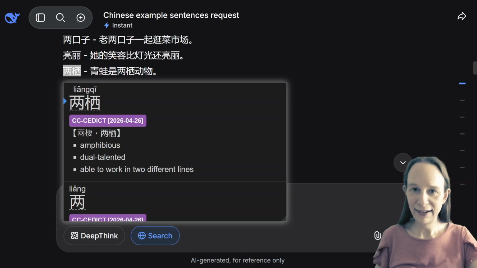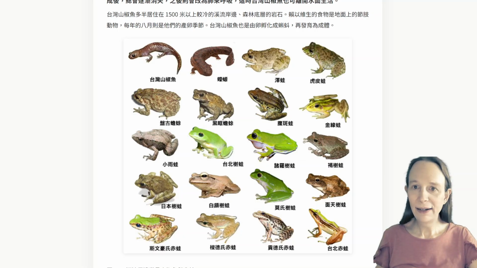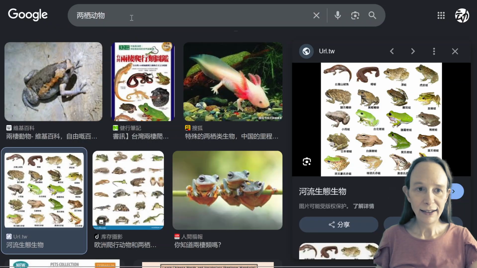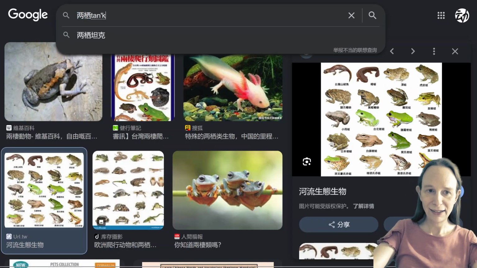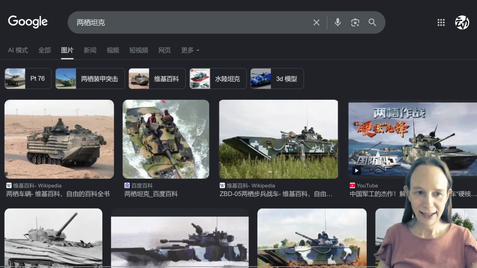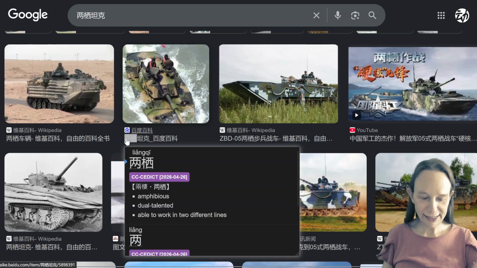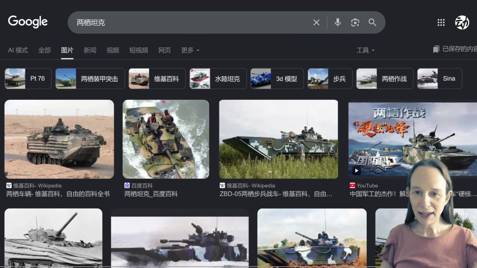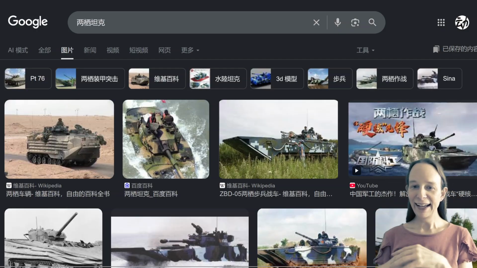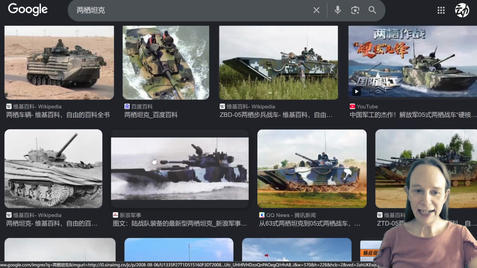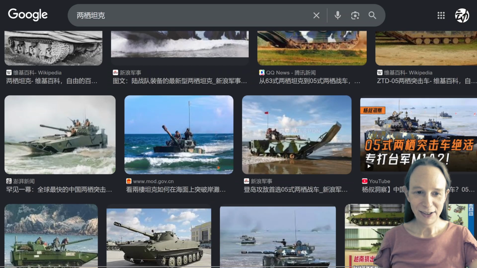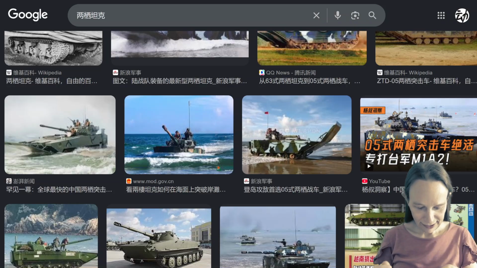Okay, so how do we go back? 坦克 is a tank. So this is an amphibious tank. 两栖坦克. So an amphibious tank is like fine on land and fine in the water. Can't stop me with water. An amphibious tank.